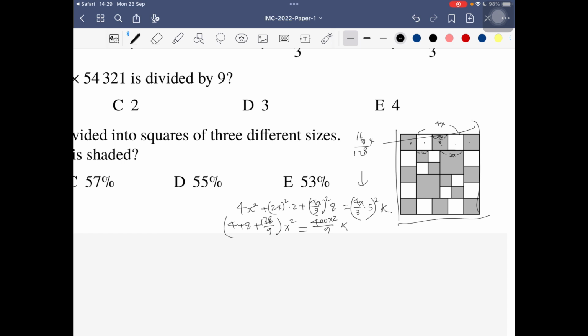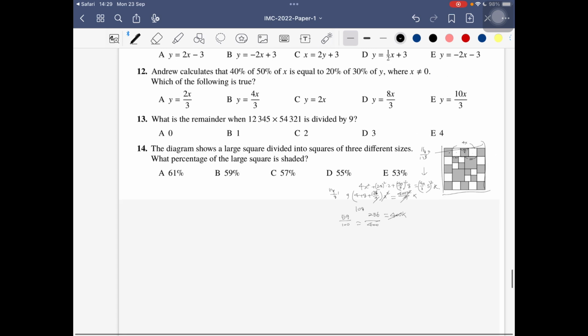Let me multiply everything by 9. So here 108, 236 equals 400k. So 400 divided by 4, 5, 9, 100. So 59%.